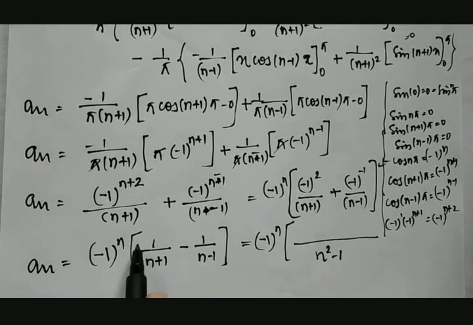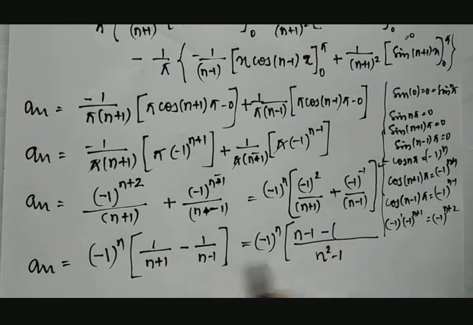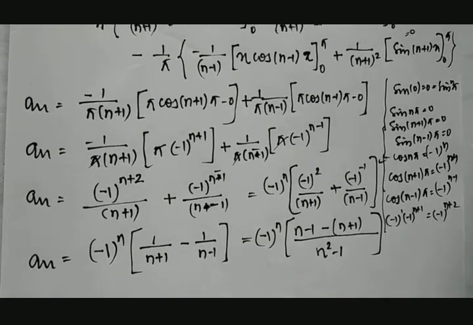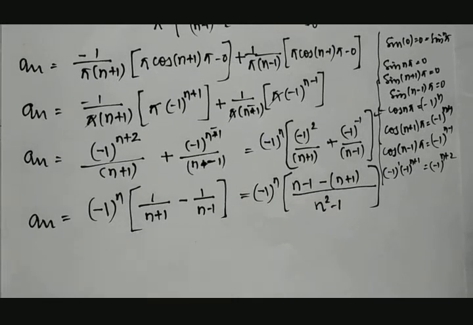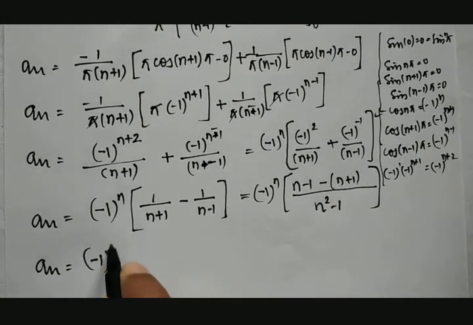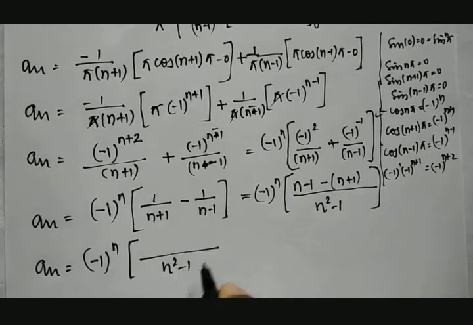Then (n minus 1) into this, so n minus 1 minus of n plus 1. Fine. Which is further an equals minus 1 raised to n into 1 divided by n square minus 1.